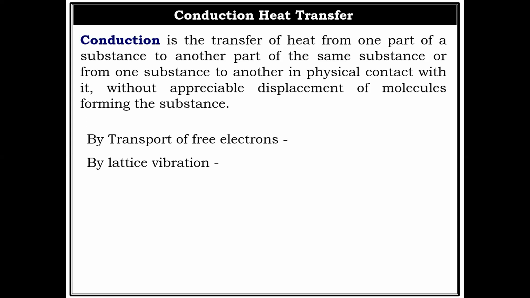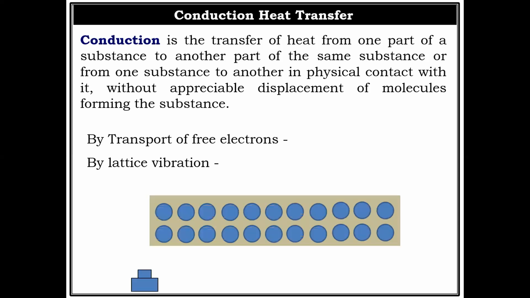In lattice vibration, suppose this is one element made up of a number of molecules and one end is heated. The molecules at the hot end get energized and start to vibrate.